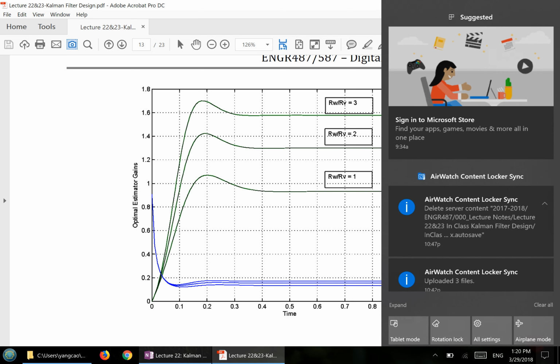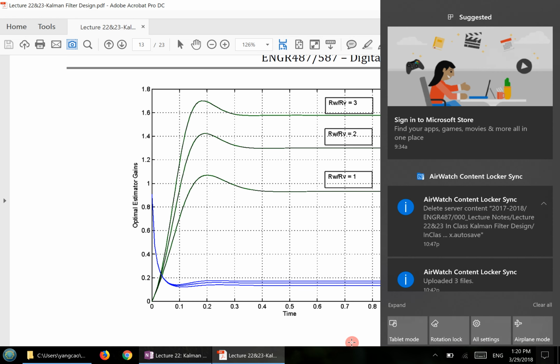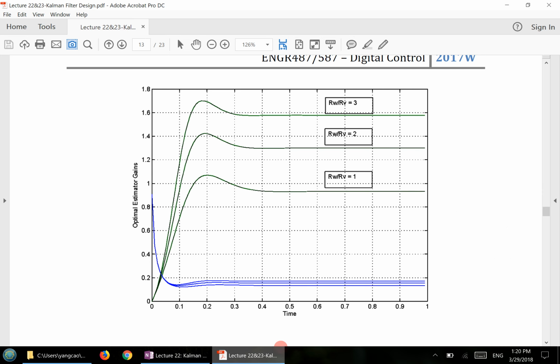But let's take a look at the simulation here. As I said, I considered 3 different ratios. First of all, I want you to understand the difference between the ratios here. Here is the ratio between RW and RV, 1 to 3. Okay. So what's RW again?